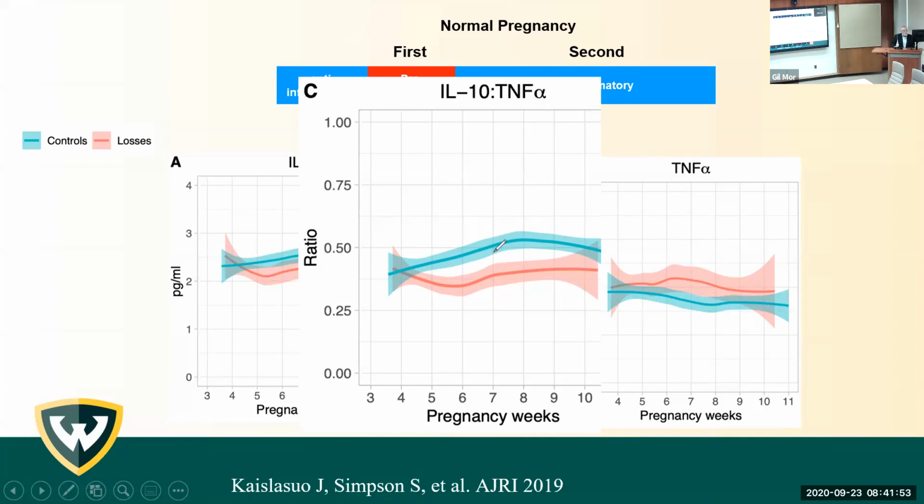Here, in the normal, in this period, the anti-inflammatory signals start growing. In the cases where we're going to lose the baby, the inflammation continues high. And that continuous inflammation will lead in the end to the loss of the pregnancy, the loss of the baby.